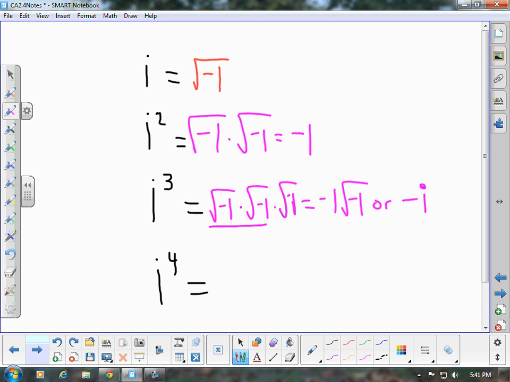And then i to the fourth is like the square root of a negative 1 times the square root of negative 1 times the square root of negative 1 times the square root of negative 1.